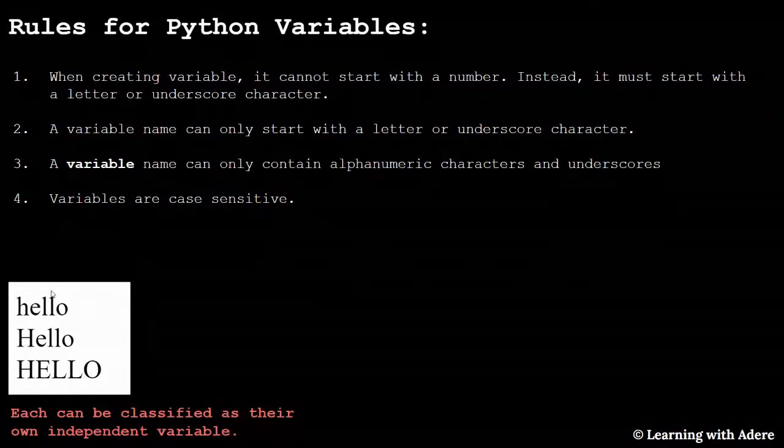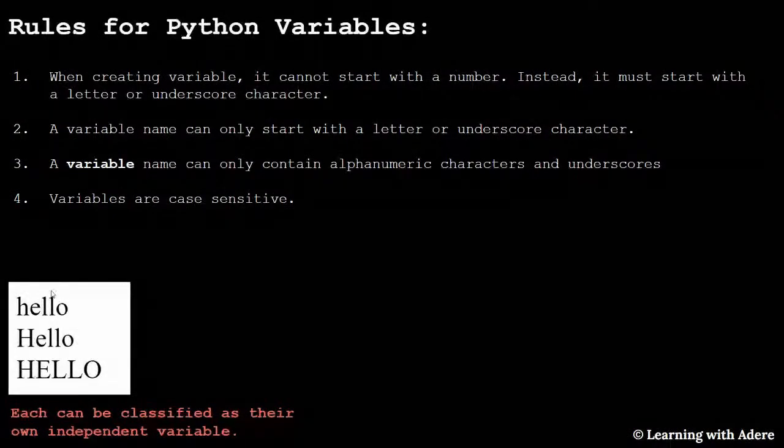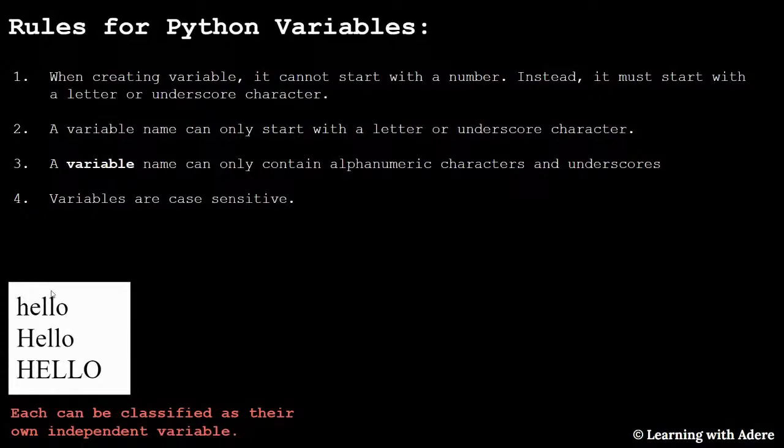The second rule is that a variable name can only start with a letter or underscore character. A variable name can only contain alphanumeric characters and underscores, so just A to Z. Something important is that it cannot start with a number. And variables are case sensitive. That's something else that is really important.